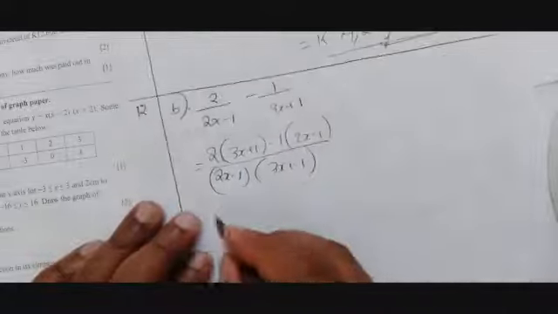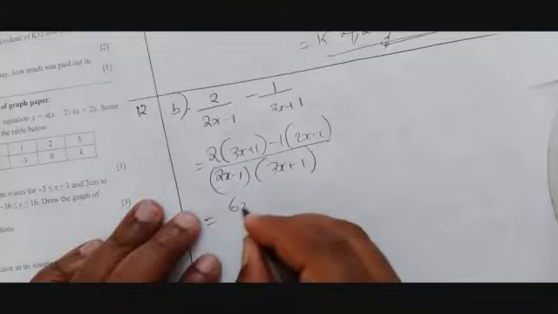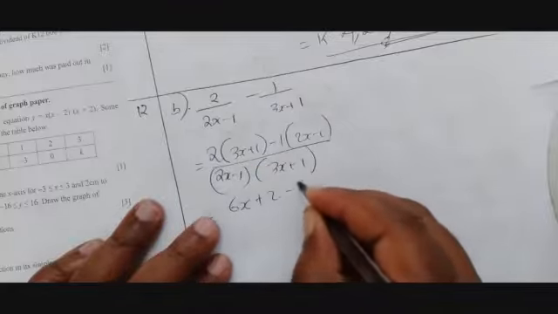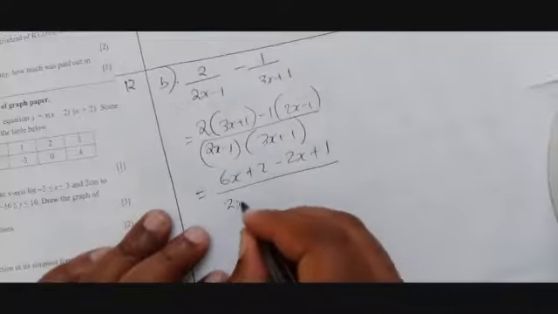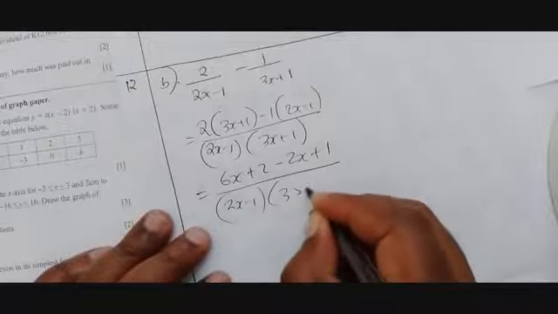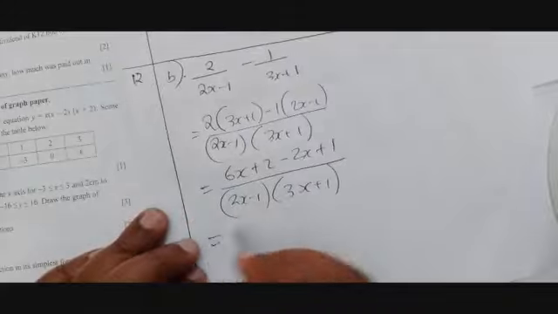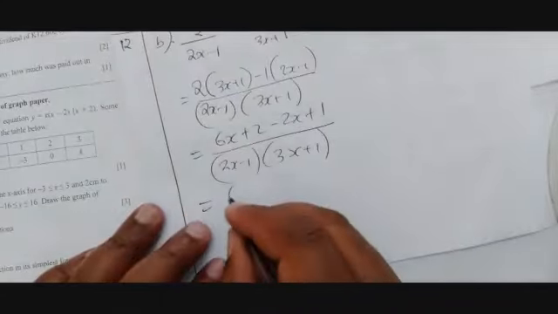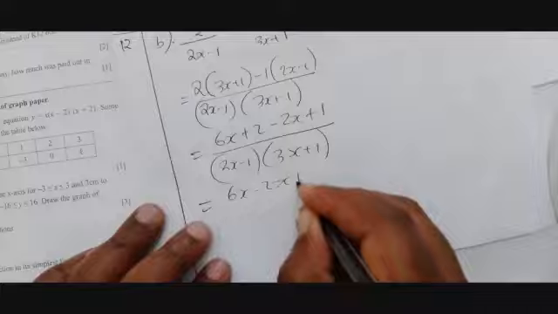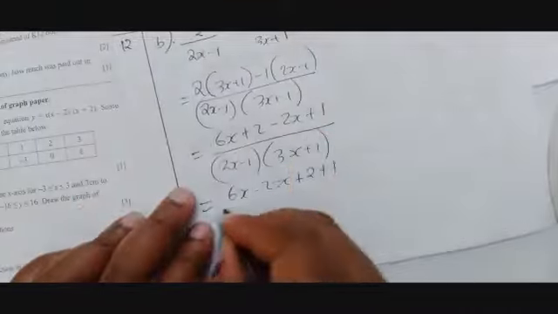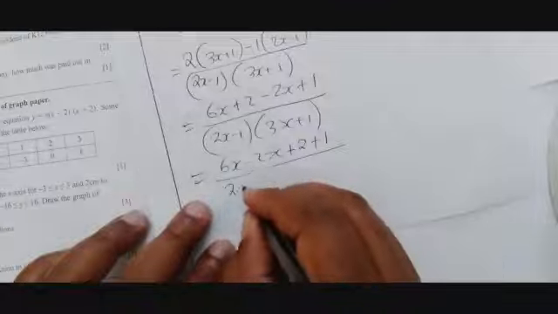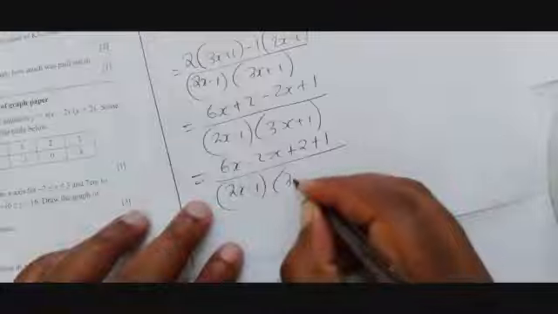This by that is 6x plus 2 minus 2x plus 1. You divide everything by 2x minus 1, 3x plus 1.